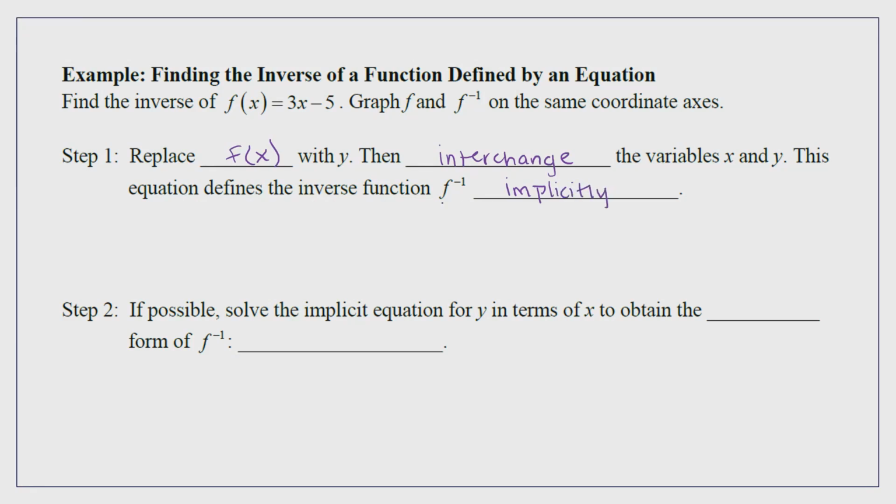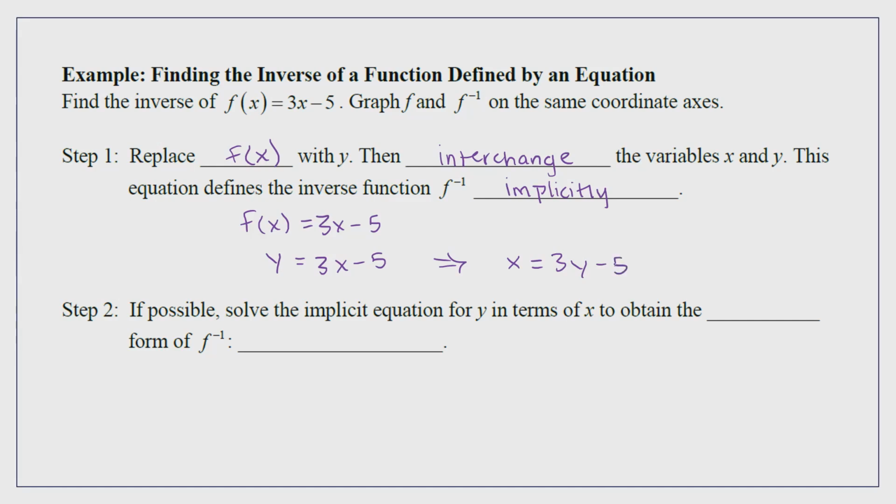Okay, so let's do that. So we have our function f of x equals 3x minus 5. We are going to change f of x to y, so replace f of x with y, and then we're going to interchange our equation where x is now y and y is now x.